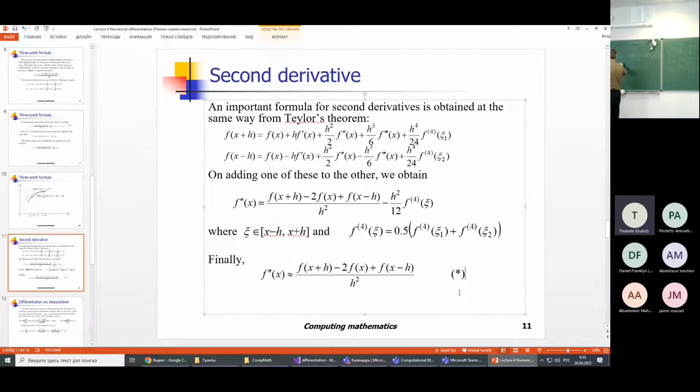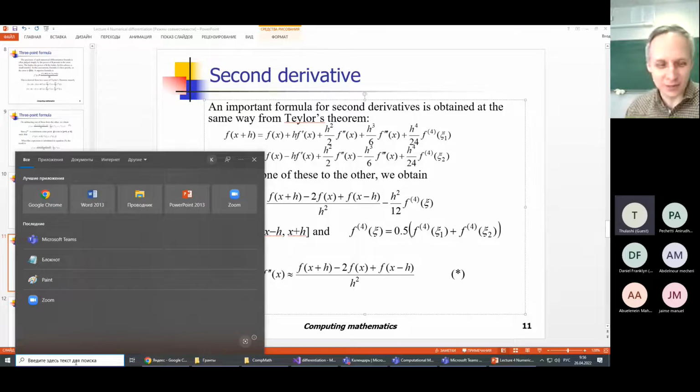How to find the second derivative at the point x? It will be e power 1.1 minus 2e plus e power 0.9 over 0.01. The value of e you can take on your calculators.